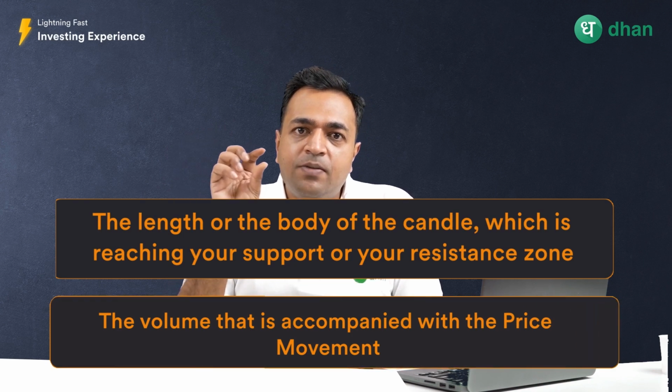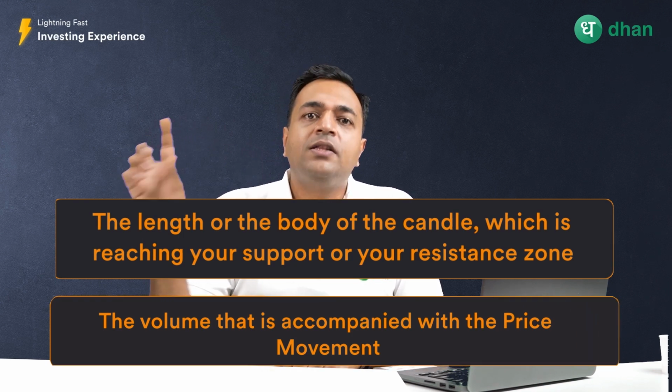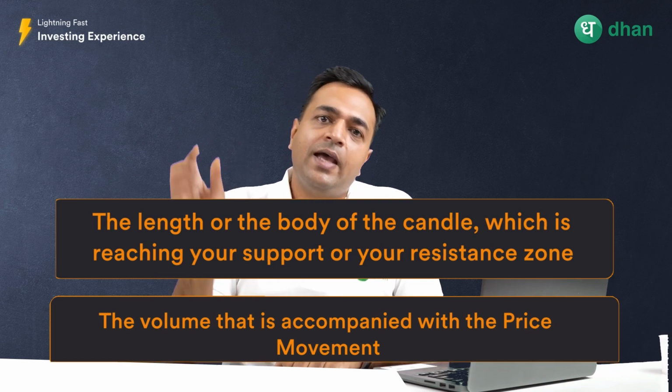If that particular breach of the resistance zone is accompanied by big volumes, that holds more significance as compared to the breach of the resistance with a smaller volume. And this is what we had precisely covered in the price volume analysis also, that along with price, volume provides a very good indication or an additional view of the strength or the momentum of the move.